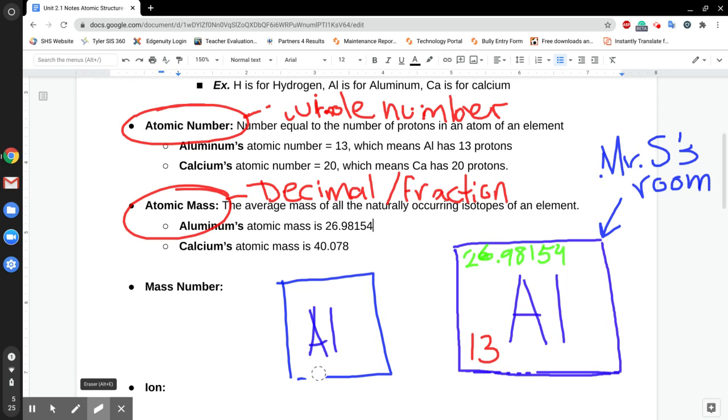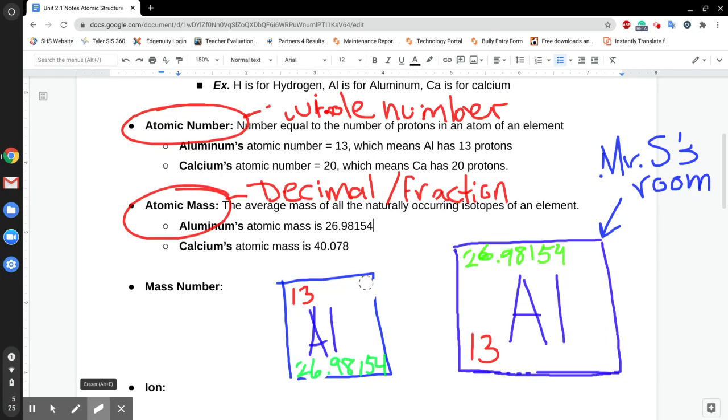The atomic mass will be on the bottom, like right here. And then the atomic number will either be in the right-hand corner or the left-hand corner. There won't be two of them, just so you know. It won't be mentioned twice, but it'll be in the left-hand corner or the right-hand corner.